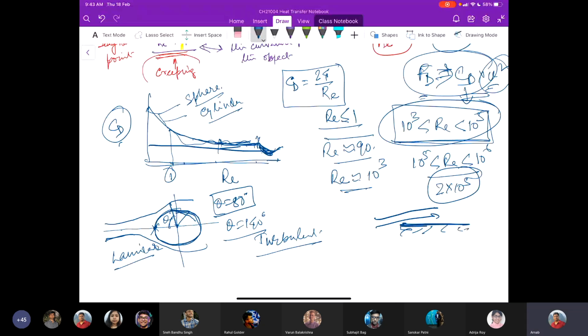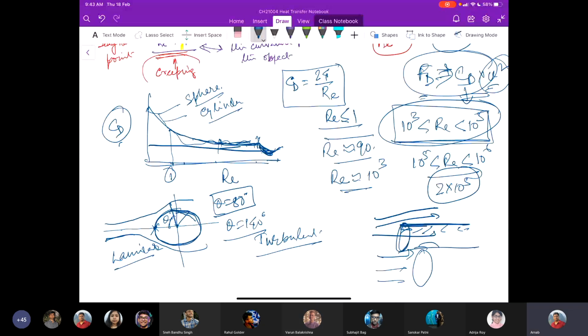However, in case of this blunt body scenario, when there is a cross flow, the Moody's diagram and all these things you have seen were for internal flow, right?